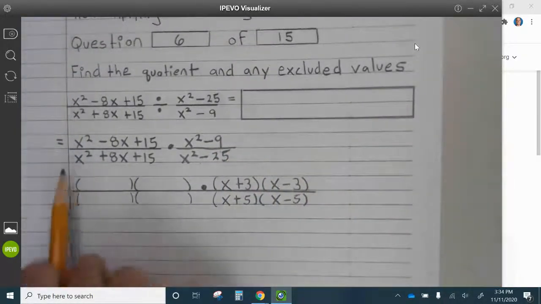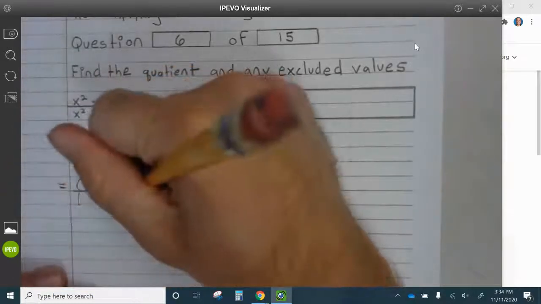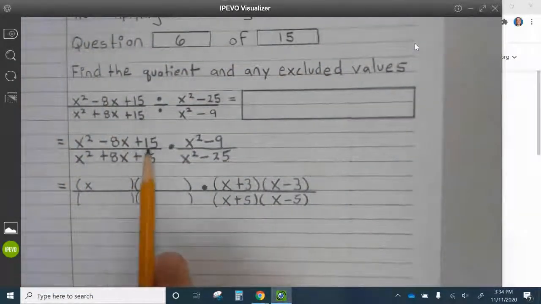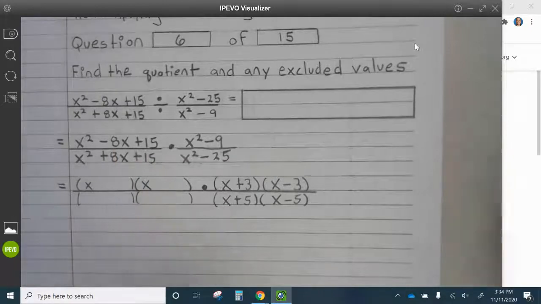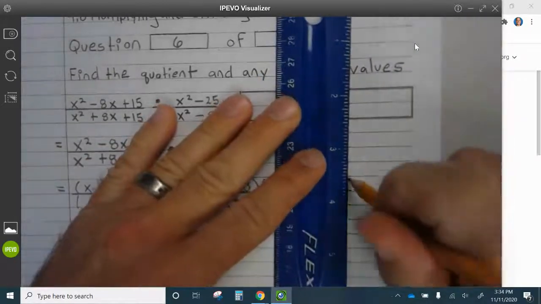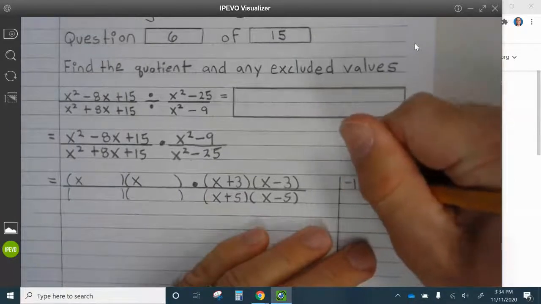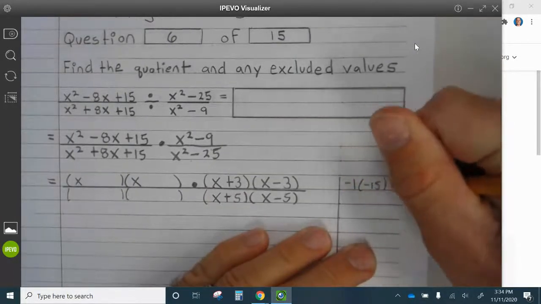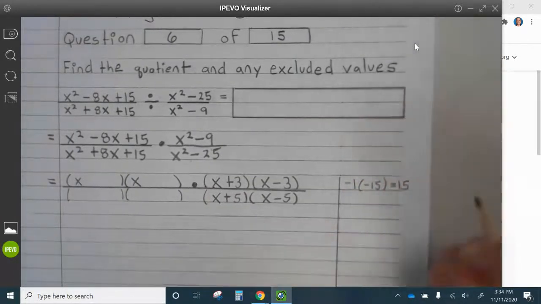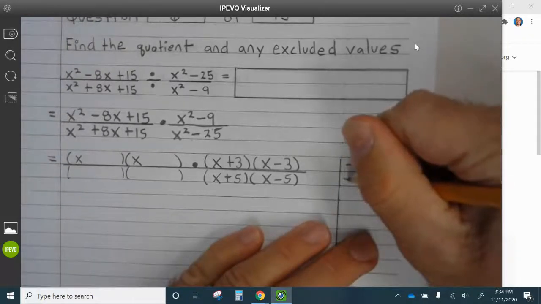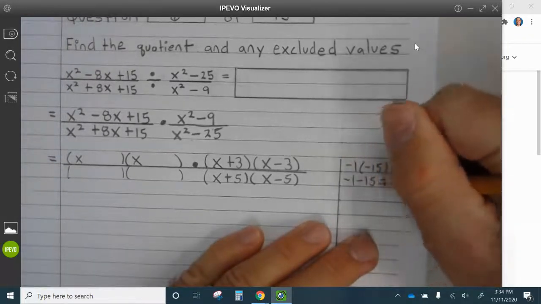Okay, now to make this, we know x times x is x squared. Now we need to find what multiplies to give you 15 and combines to be -8. Okay, well, -1 times -15 is positive 15. -1 minus 15 is -16.